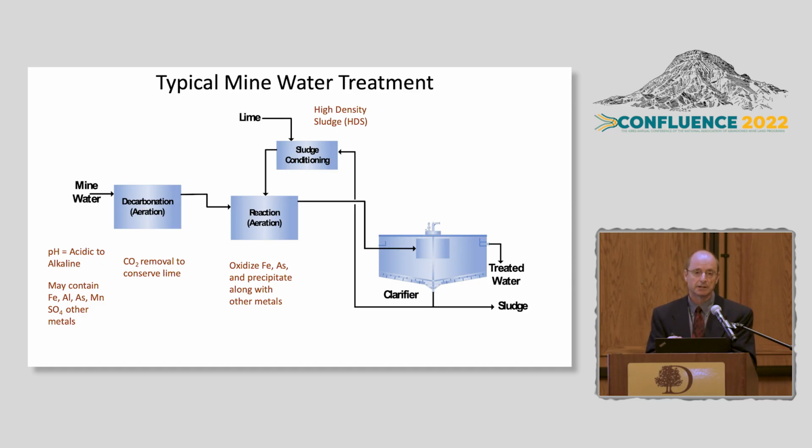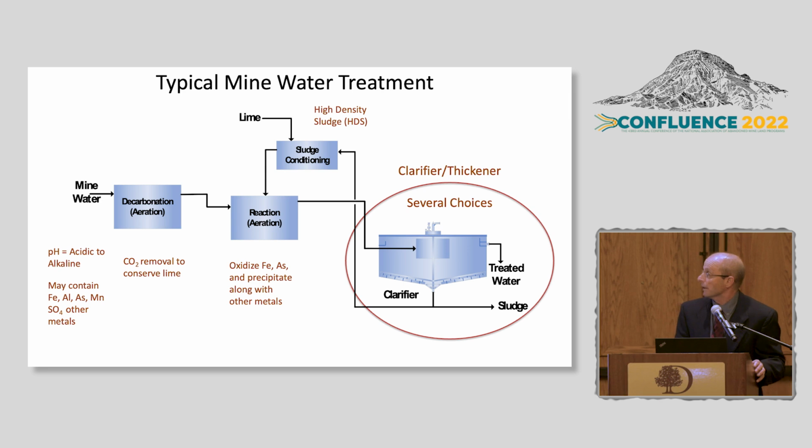And as you're recirculating, you're building up larger and larger particles that settle and compact better. In fact, underflow concentrations with this HDS process can be maybe up to 10 times or more higher concentration than just a once-through process without that recirculation.